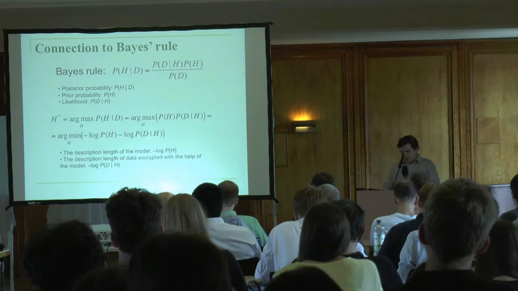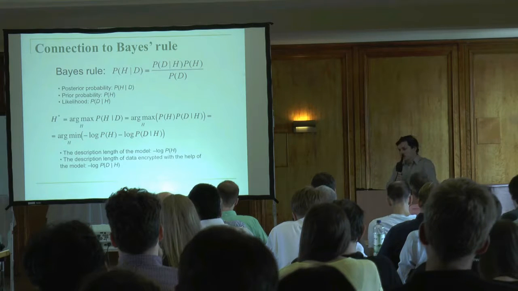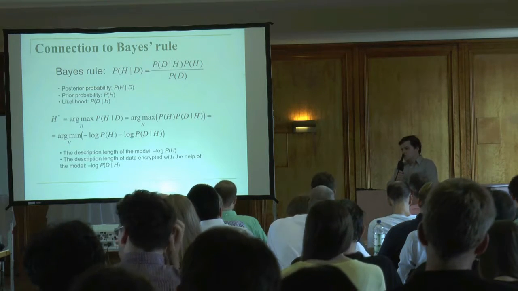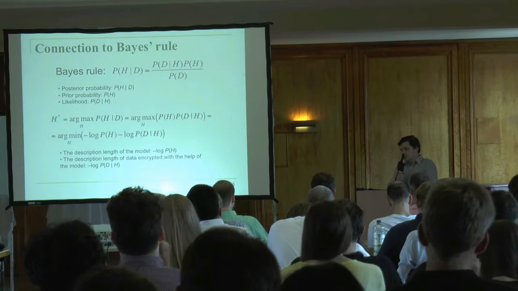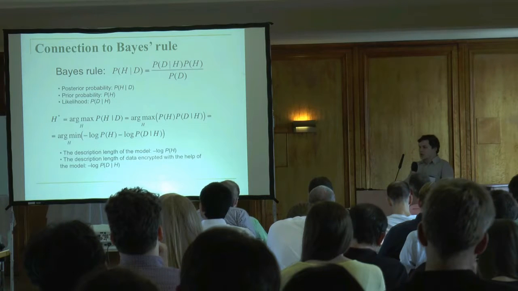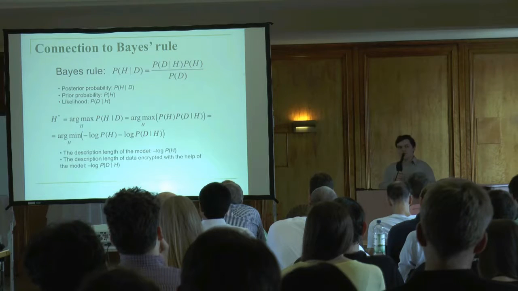But the minimum description length principle was more convenient for me, because if we use it, then we don't need to specify prior probabilities explicitly. Instead, we simply say, let us code our model in the following way.